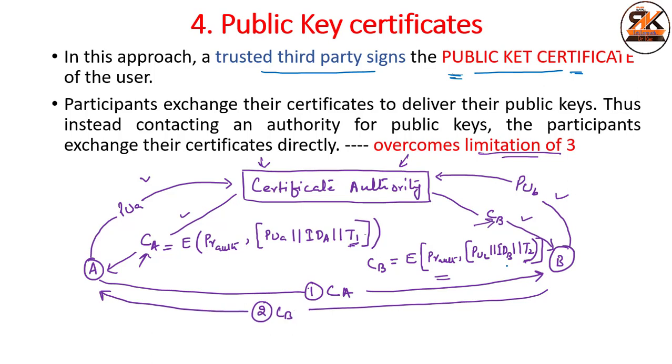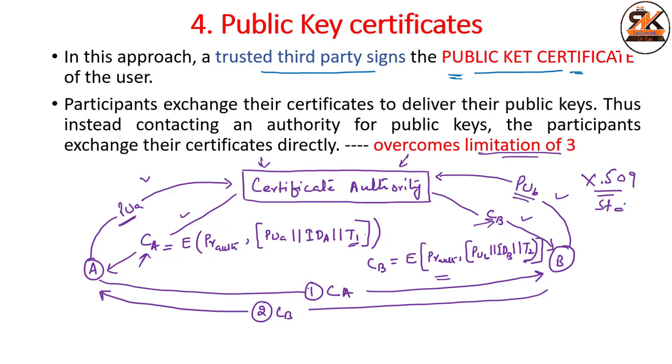However, each participant needs to apply for the certificate by sending its identity, timestamp, and key to the authority. That we are doing here in this first message for both these participants. And the timestamp is needed to validate the currency of the certificate. For the formatting of public key certificates, we are using a standard that is X.509.